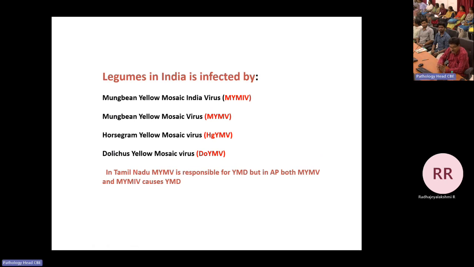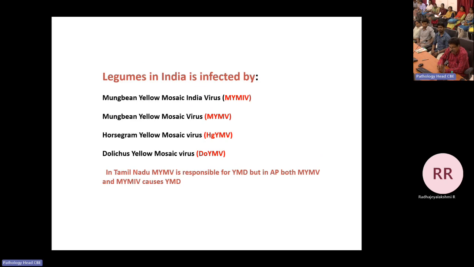And legumes in India are mostly infected by 4 species of Begomoviruses: Mungbean yellow mosaic India virus, Mungbean yellow mosaic virus, Horsegram yellow mosaic virus, and Dolichos yellow mosaic virus. And the literature says up to 2014 in Tamil Nadu, mainly in the South, MYMV is responsible for YMD disease.